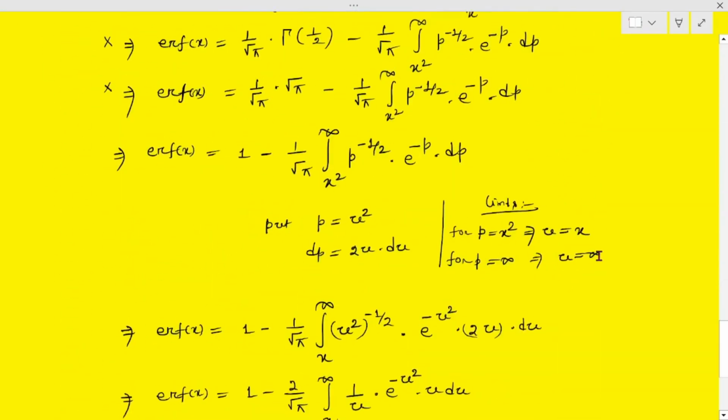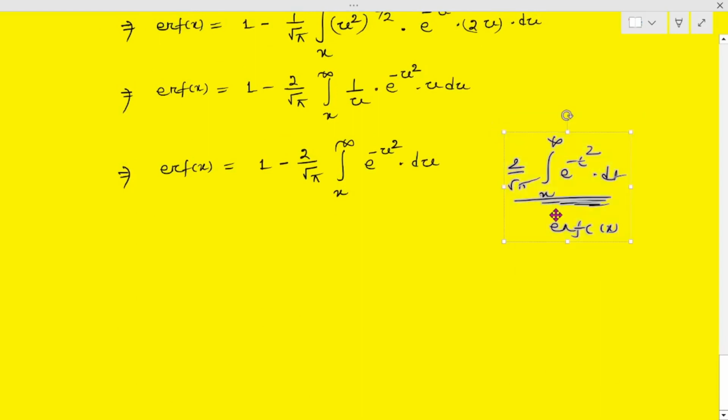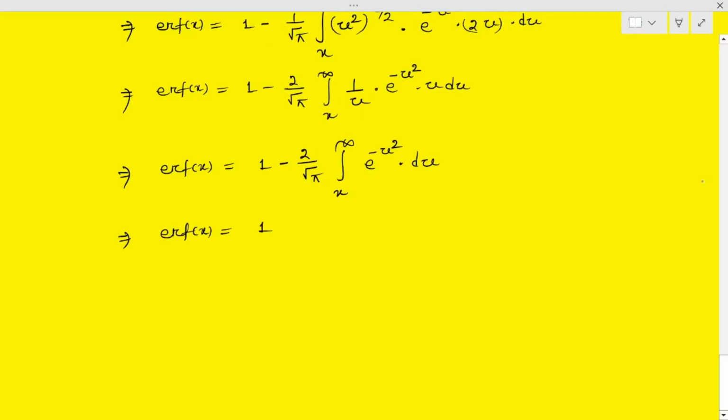So this integral is nothing but the complementary error function. So that implies error function of x equals 1 minus complementary error function of x.